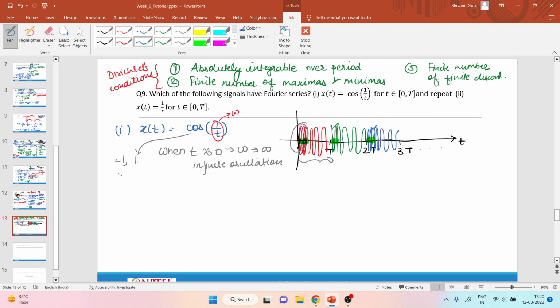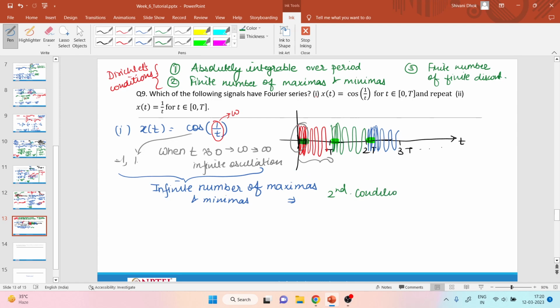So when this is happening, I am having an infinite number of maxima and minima, which means that the second Dirichlet's condition is violated.